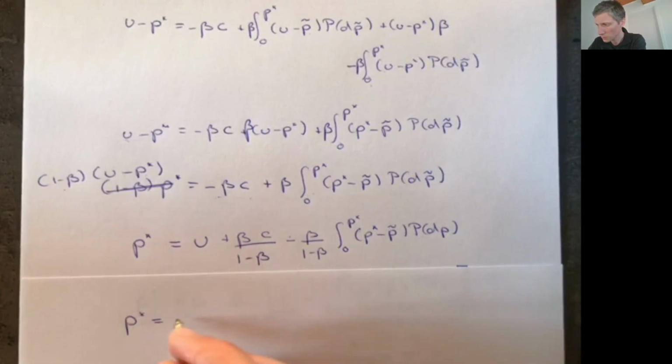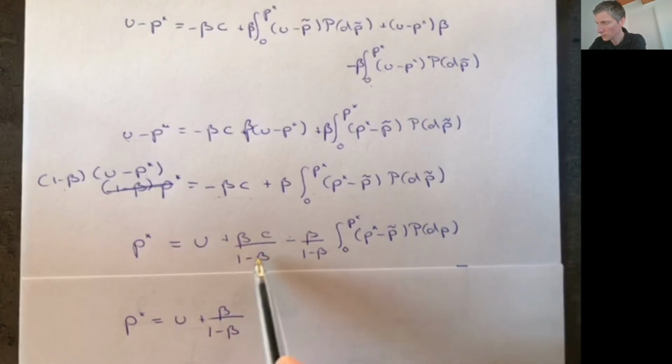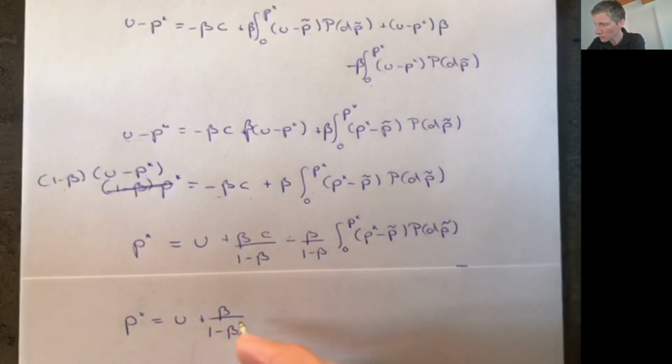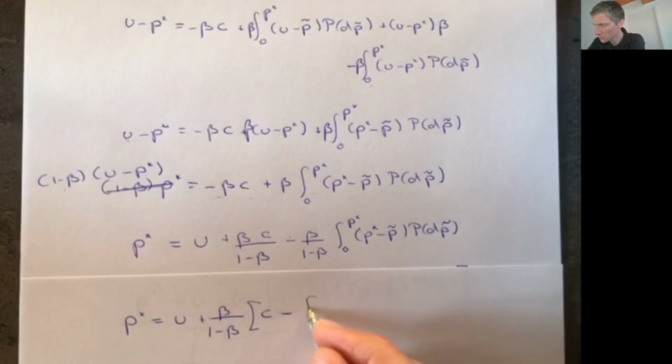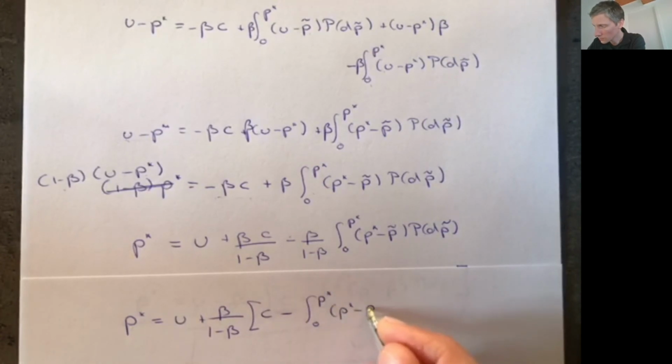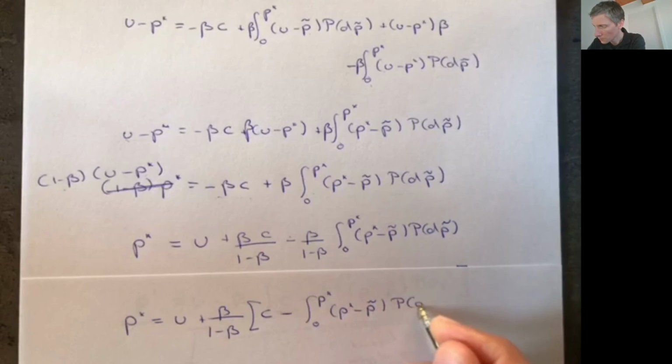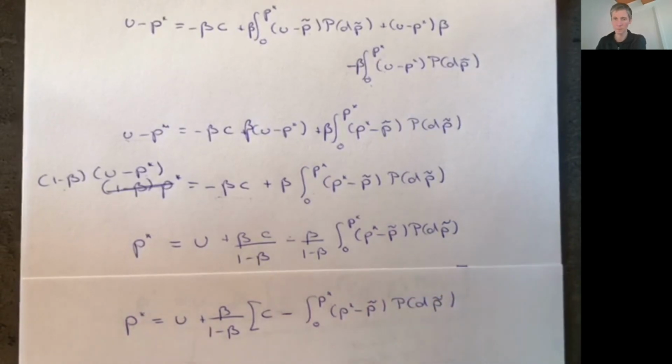P star is equal to u plus beta over 1 minus beta, which is here and here. So we're going to have c minus the integral from 0 to p star of p star minus p tilde p dp tilde. So this is p star.